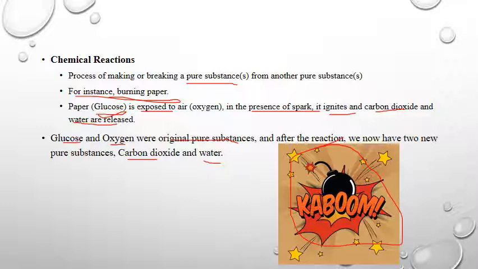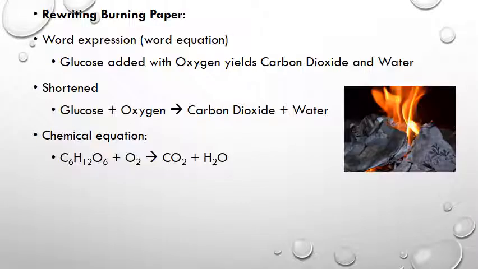So let's rewrite the burning of paper. Here's a diagram: burning paper. So burning paper is basically glucose added with oxygen, and it yields, that means gives, makes, carbon dioxide and water.